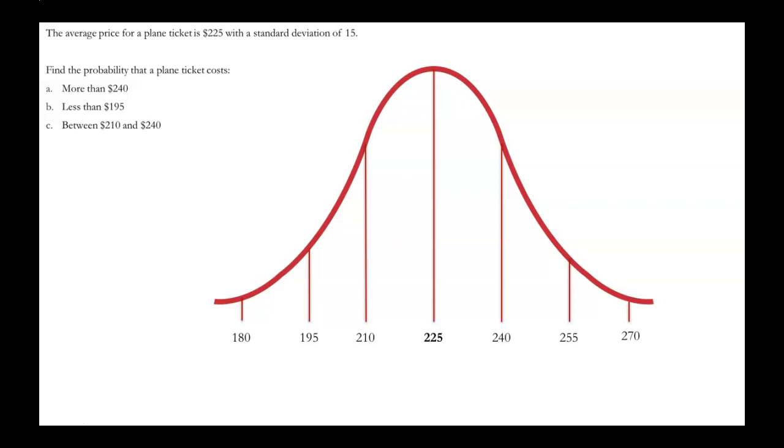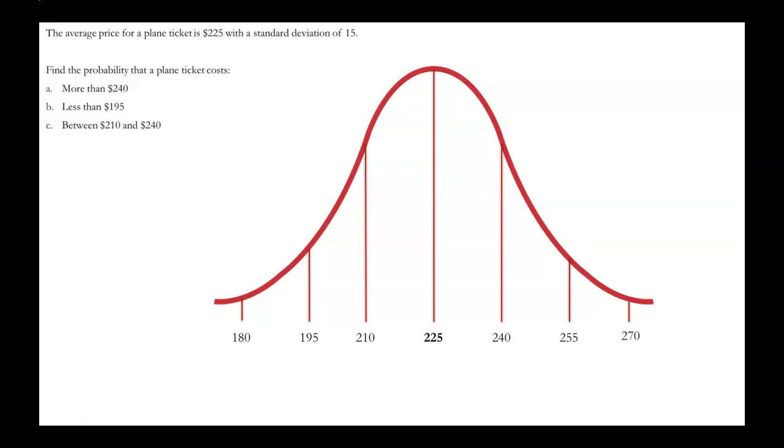So one standard deviation to the right is 240, right? We added 15. We add 15 again, we get 255. If we were to subtract 15 from our mean, we would get 210. Subtract 15 again, we get 195.